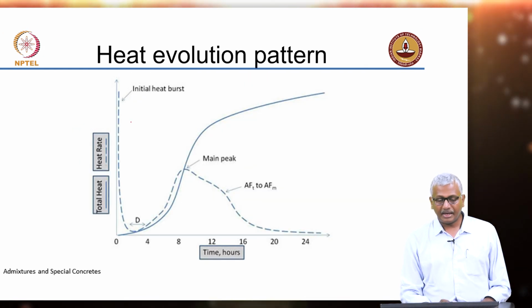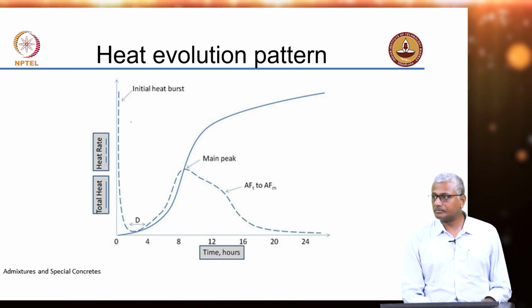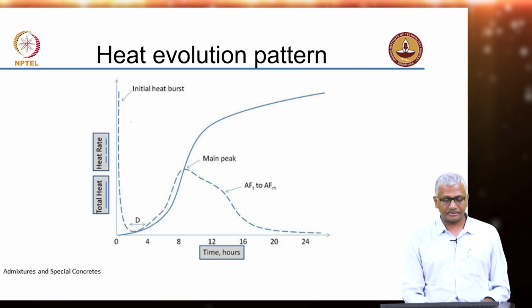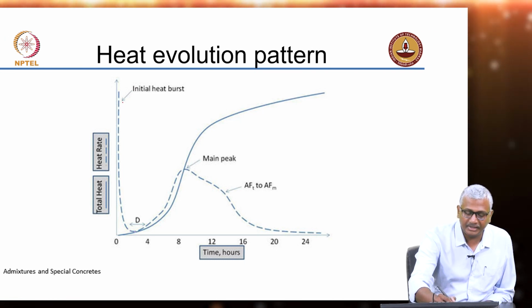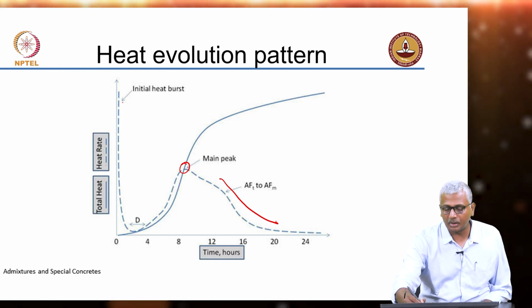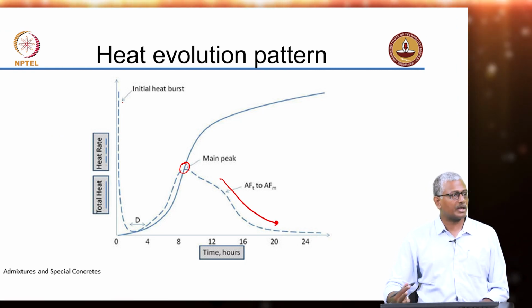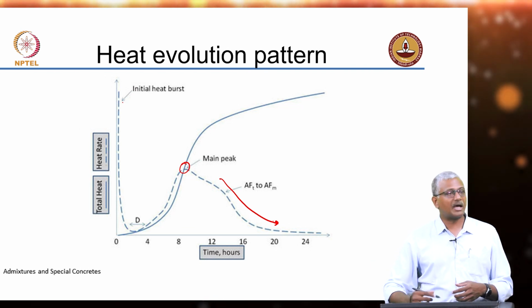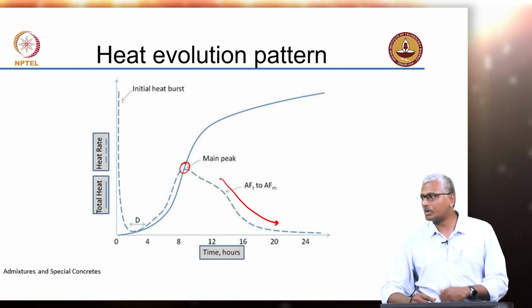Okay. And so, just to remind you, the heat evolution pattern of cement system looks like this, where you have the heat rate. Initially there is a heat burst, but then there is a dormant period, and then you have the peak heat rate, and then there is a slowdown in your reactions. Reactions do not completely disappear. If there is curing happening, reactions will continue to happen. There will be some level of heat that is continuing to get evolved, but at a much slower rate.